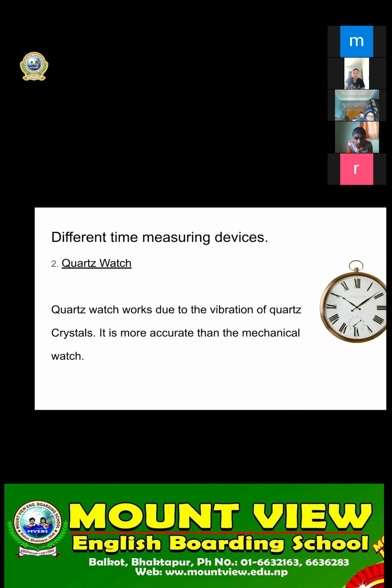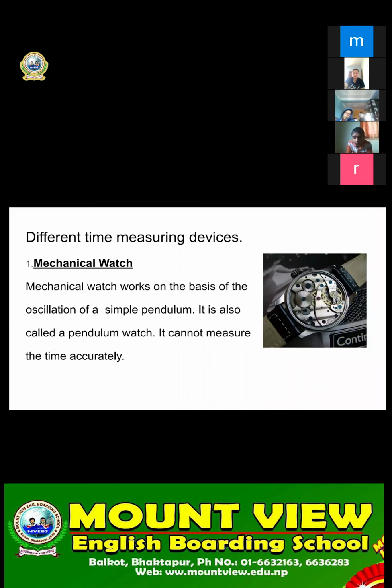You can see the pictures, and in short, let us know how a mechanical watch works. It works on the basis of oscillation of a simple pendulum. The simple pendulum is fastened inside it. When energy is supplied to it, it comes into motion.